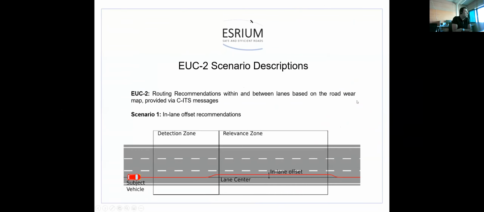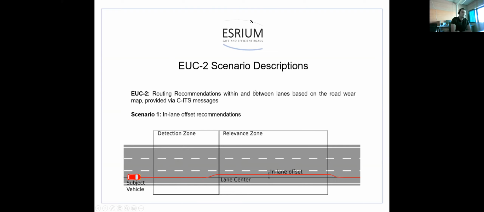So let me now introduce the specific scenarios that we considered in developing our driving functions. You already know the use case about routing recommendations. Here is the example of the first scenario. Here we have in-lane offset recommendations, where the vehicle is driving on a specific lane of the motorway and goes through a detection zone.